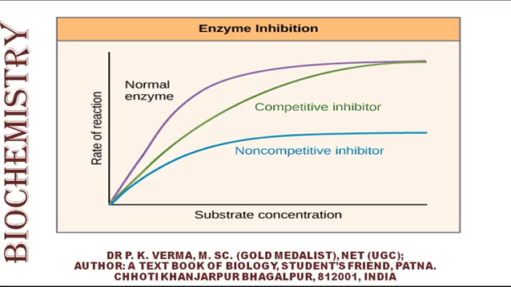Now what will be their effects on the Km value? It is the normal enzymatic reaction. When non-competitive inhibitor acts, the Km value remains same. But when the competitive inhibitor acts, the Km value increases.